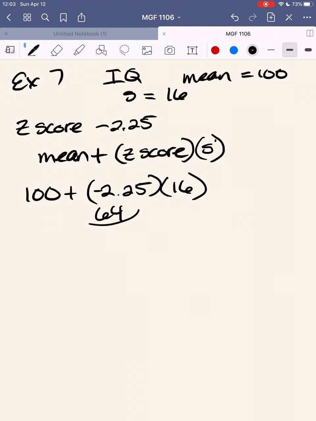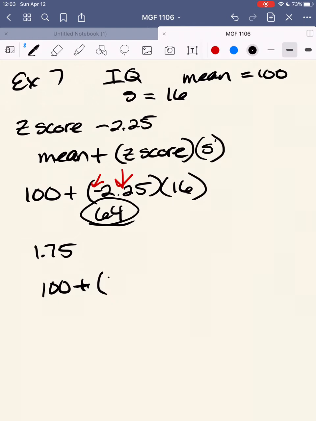Remember, we have a negative z-score, which means the value we get should be smaller than the mean. If for some reason it's not, something bad happened. If I'm looking at a z-score of 1.75, I'm still going to take my mean and use my z-score.